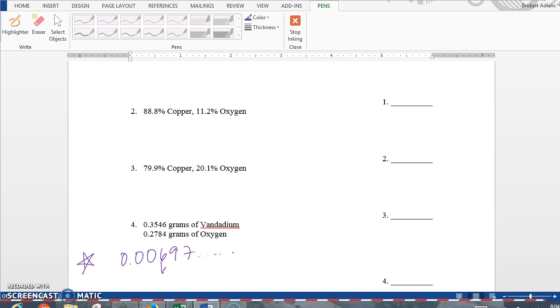What I see a lot of students do is round this to 0.007. And guys, here you have 4 sig figs, here you have 4 sig figs. If you do this, you now only have 1 sig fig. So it's really important that you watch, because these zeros are not significant, okay? You've cut this to 1 sig fig, and that will definitely mess up your ratios when you get finished. All right, so do the extra practice, and then we will check those together.